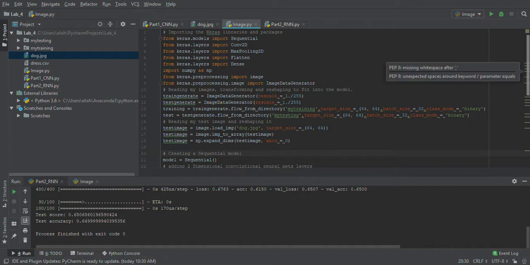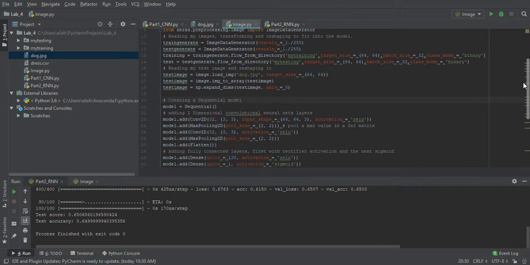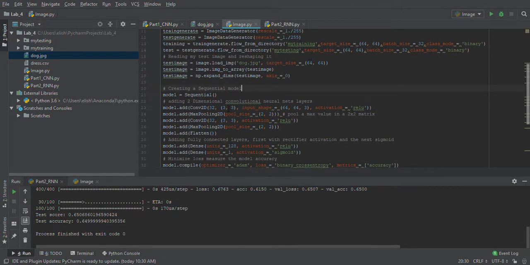And then I created a sequential model, and here I'll be using a two-dimensional convolutional layer. Created a 2 by 2 matrix, and pick the highest value in the 2 by 2 matrix. That's what the max pooling is. And then I also created another convolutional neural network that's of 2 dimensions.